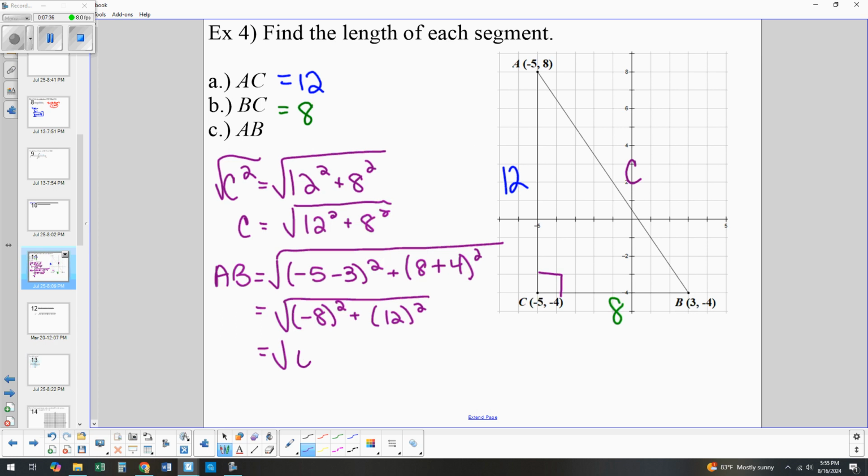So this is 64 because a negative squared is positive, and 144. And if I add together 64 and 144, I get 208. So this is really the square root of 208. So as a decimal, that would be 14.42. AB equals 14.42.